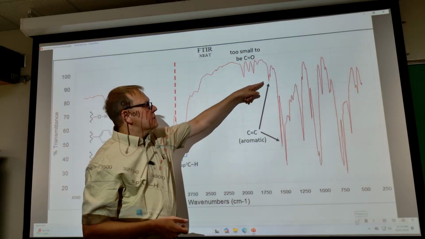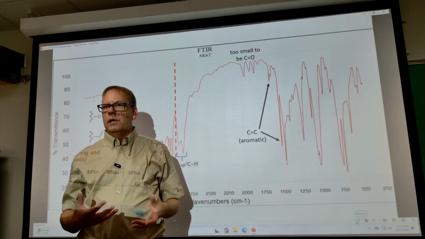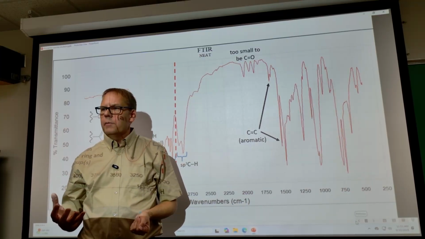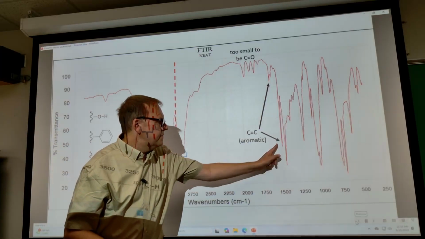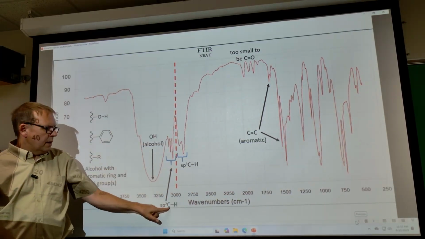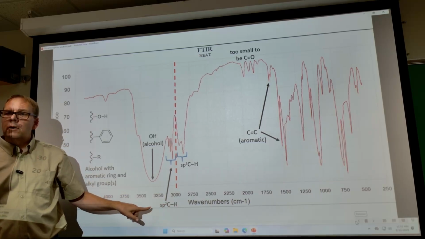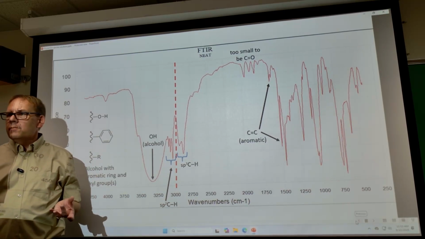So this peak at 1600, normally I wouldn't consider that to be strong enough, but I suspect that there's an aromatic ring because I'm seeing a strong peak at 1500, and I'm also seeing these sp2 hybridized CHs, which could well come from an aromatic ring. So I have other evidence to suggest that maybe there's an aromatic ring.